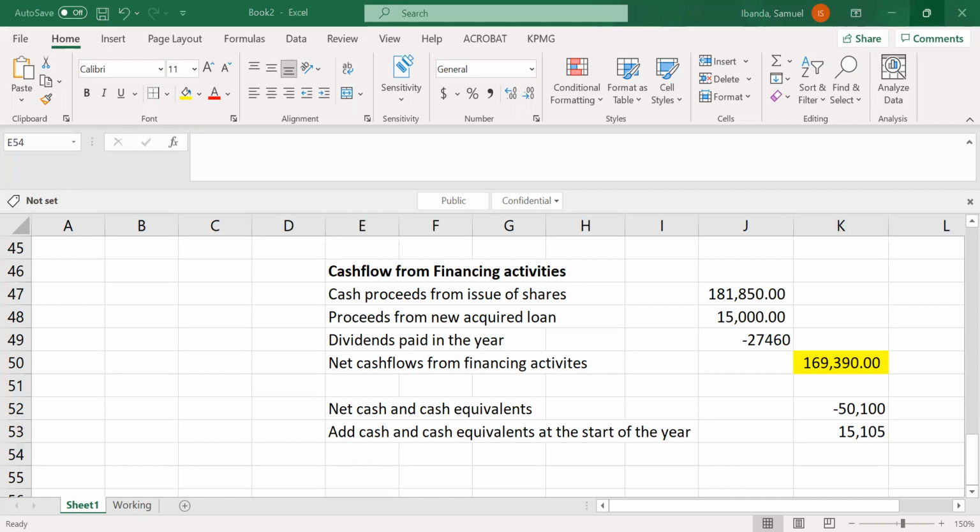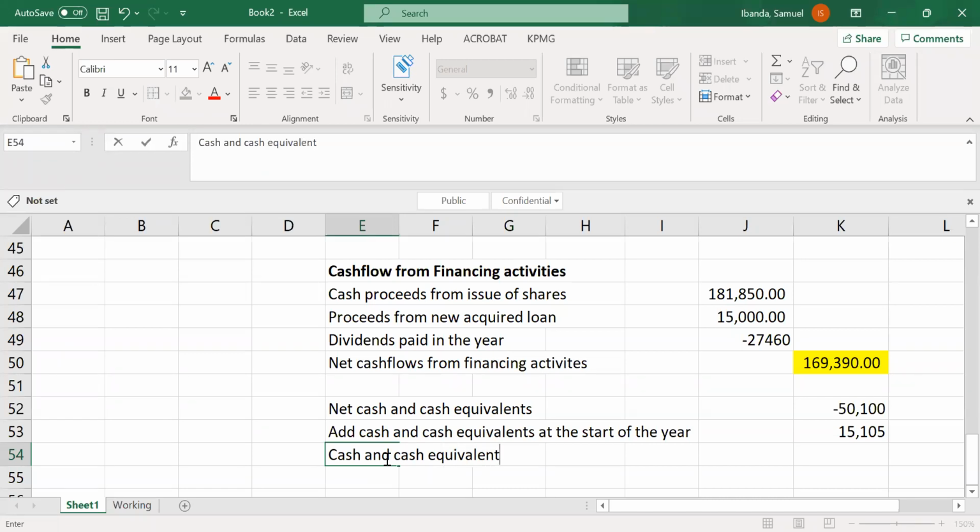again, you now go ahead to determine the cash and cash equivalents at the end of the year. So you just go ahead to say the cash and cash equivalents at the end of the year.